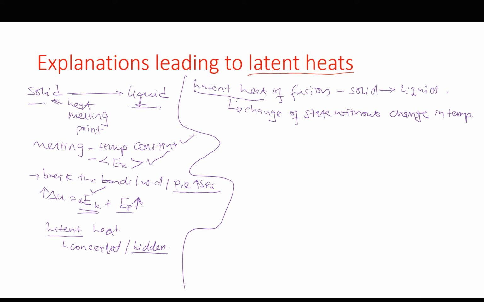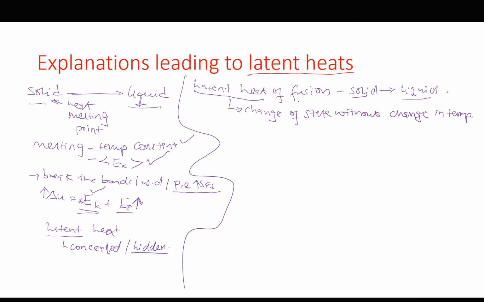We are saying if we are changing from a solid to a liquid, it will be called the latent heat of fusion. That amount of heat required to change a solid to a liquid is what we call the latent heat of fusion. But remember, there should be no change in temperature. Changing a solid to a liquid without change in temperature is going to be called latent heat of fusion.